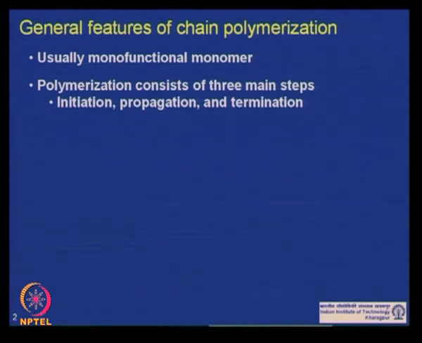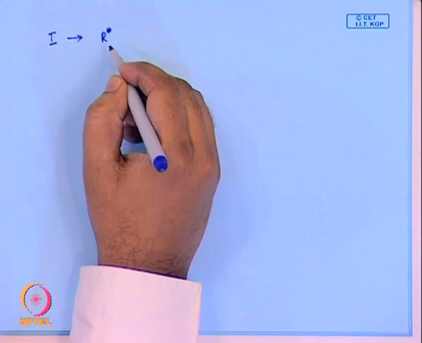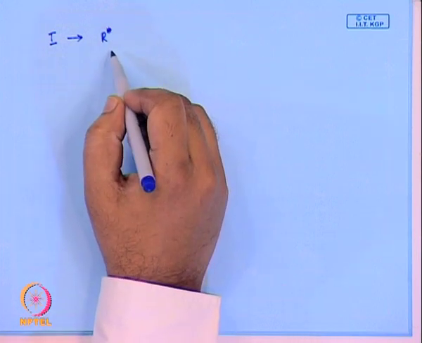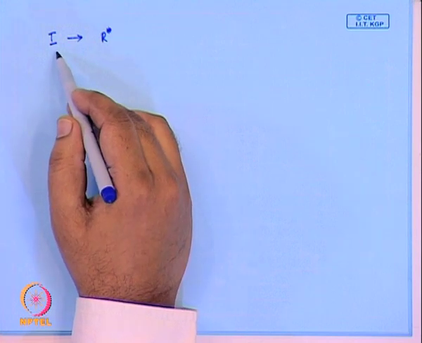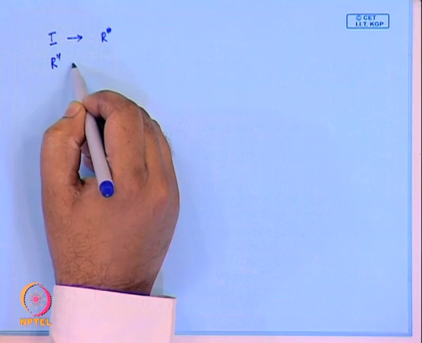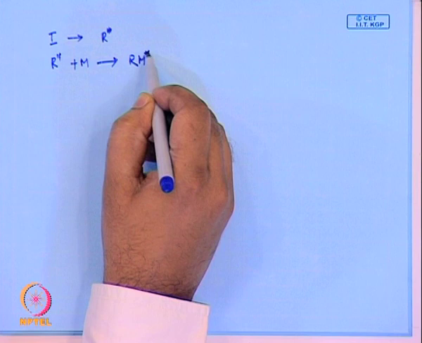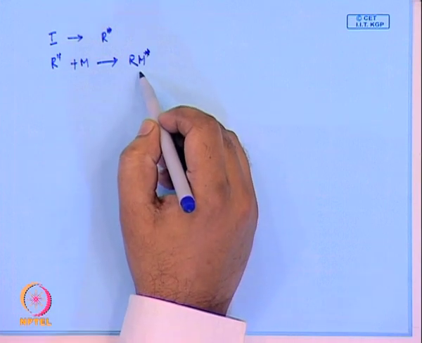Chain polymerization in general consists of three main steps: initiation, propagation and termination. In the initiation step, a reactive species R is formed from the initiator molecule I. This reactive species then reacts with a monomer, giving a chain initiating species.